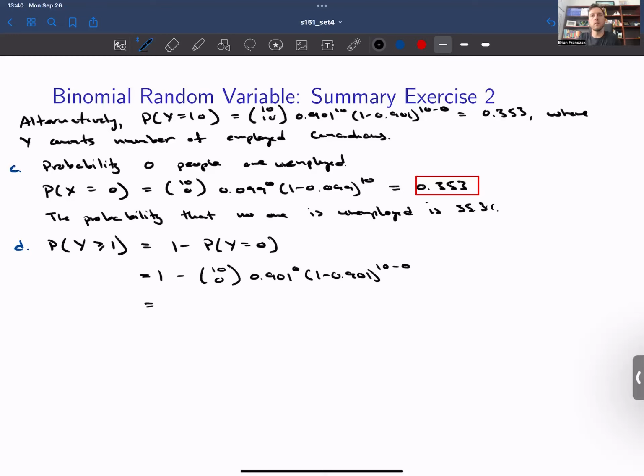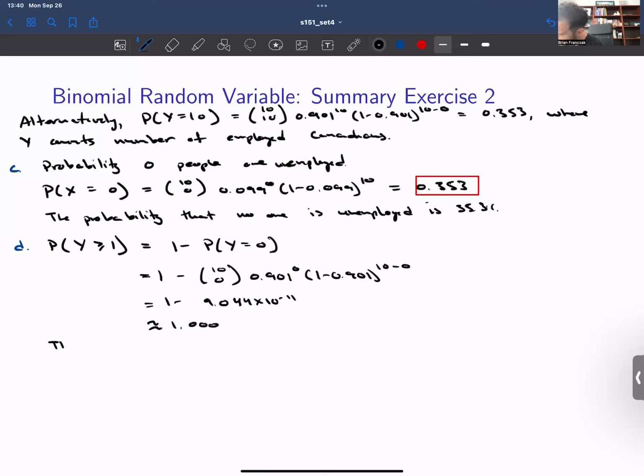And this is going to give us 1 minus 9.044 times 10 to the negative 11, which is approximately 1.000.